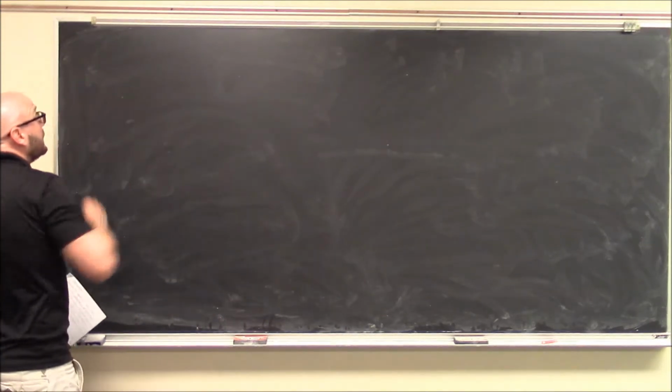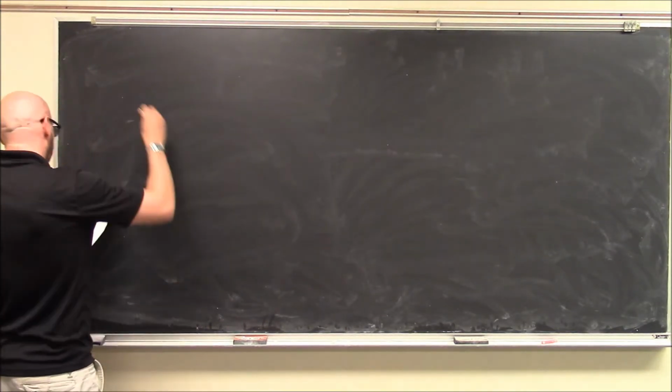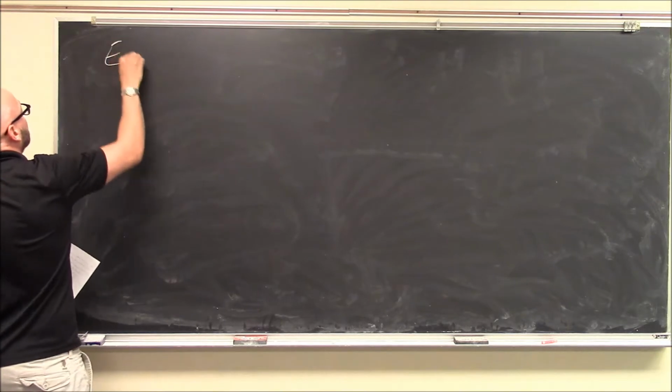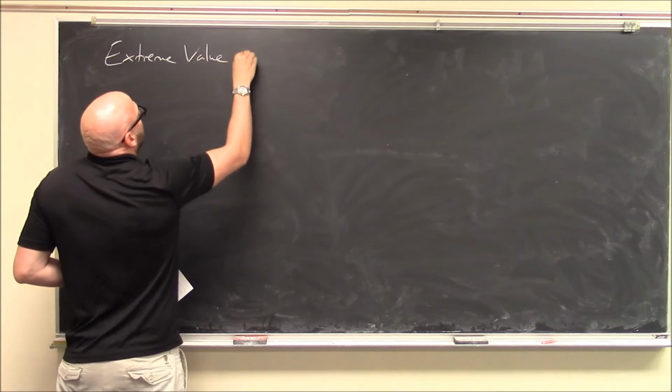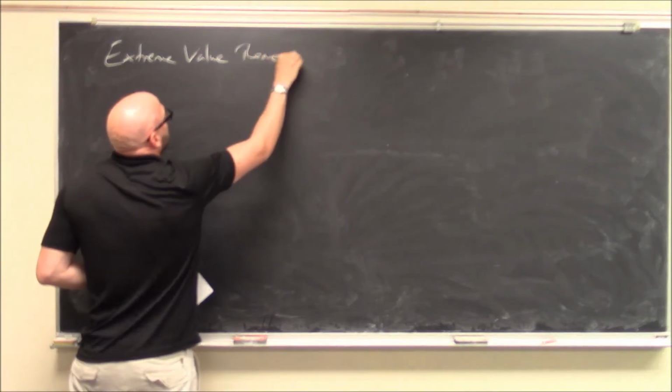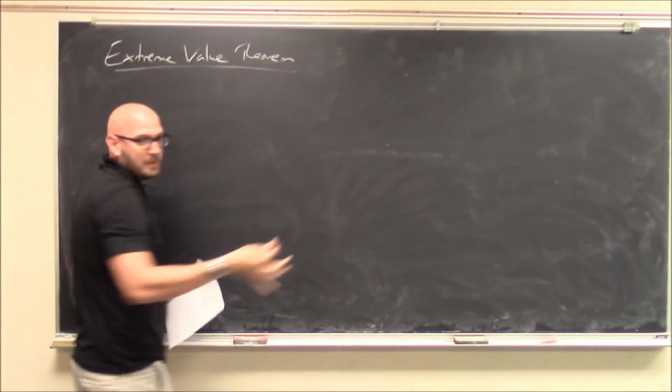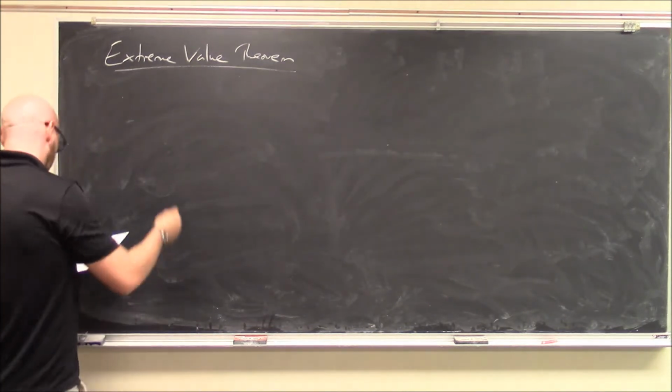Well, there's one nice case where you're guaranteed they always exist. This is a very famous result known as the extreme value theorem. It tells us when our functions are guaranteed to attain these extreme values, these absolute maxes and mins.